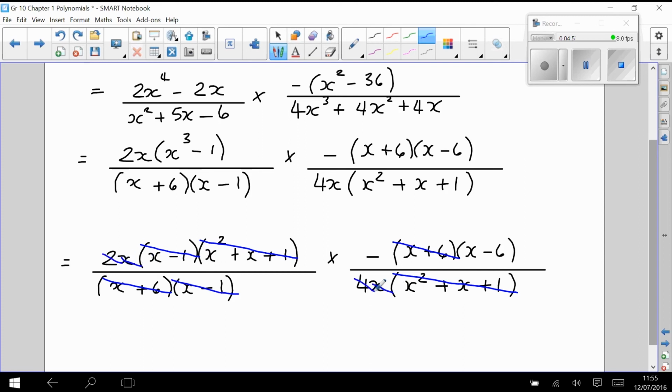And 2 can go into 4 twice. Now writing down my leftover factors, I have a simplified fraction. In my numerator, I only have a minus x minus 6 left over, and in my denominator, I have a 2. So fully simplified, my answer is going to be minus x plus 6 all over 2.